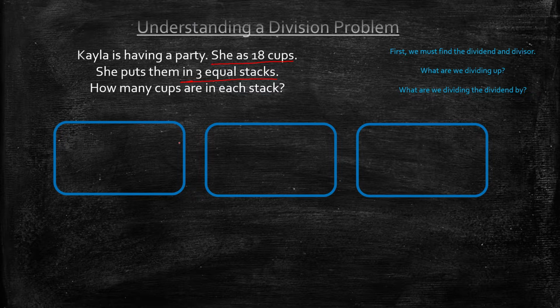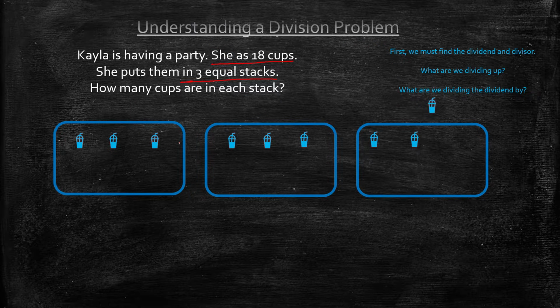oh, oops, started my animation too early. Here's my 3 stacks, and I'm going to drop each one of these cups in there until I've used all 18 cups. Okay, so I'm at 4, 5, 6. Remember, once you put 1 in each of them, you restart.